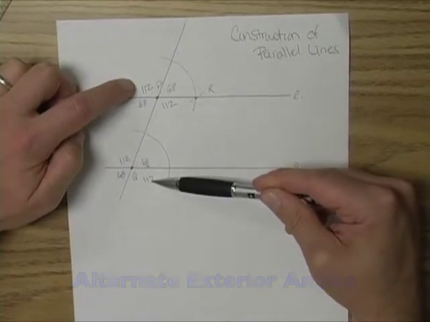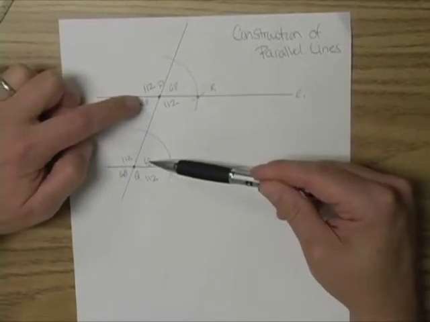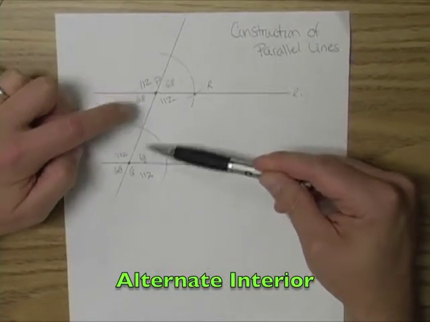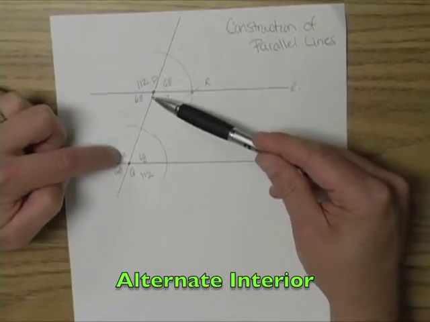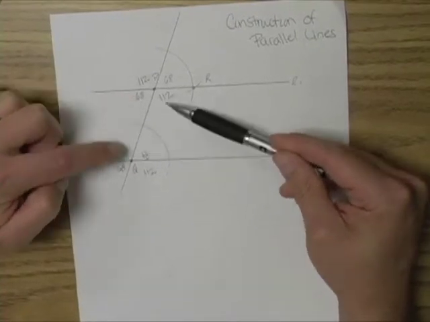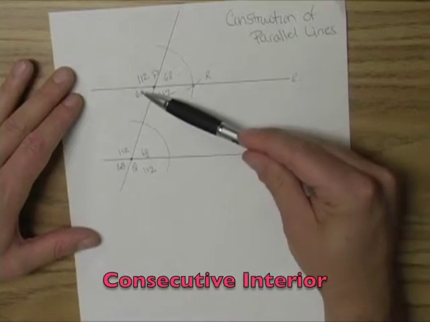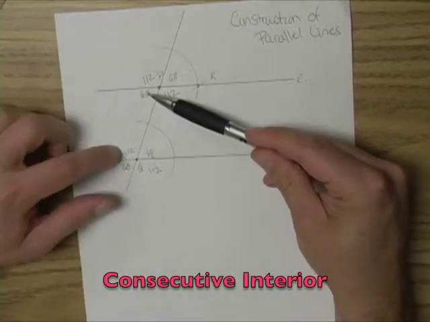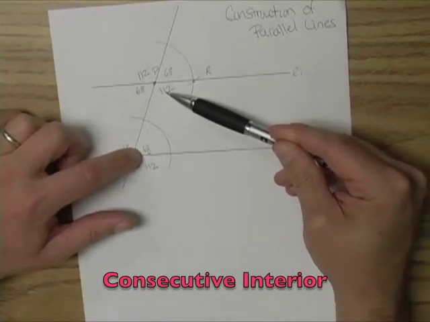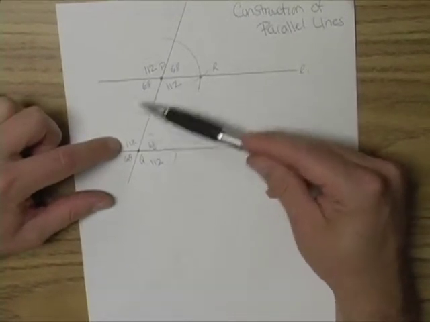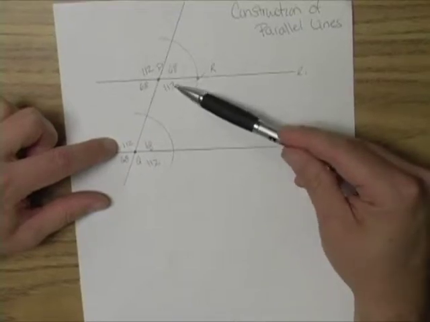Yes, they're congruent. Another relationship you'll be learning about is the alternate interior. These are on the inside of the two lines and opposite sides of this line. They're also congruent. And lastly, this relationship here, inside the two lines on the same side. What do you notice about these? Well, they're not congruent, obviously, but if you add them, they add up to a special number we call 180.